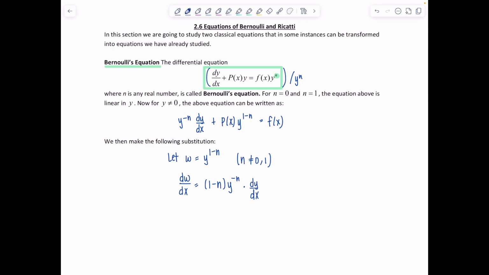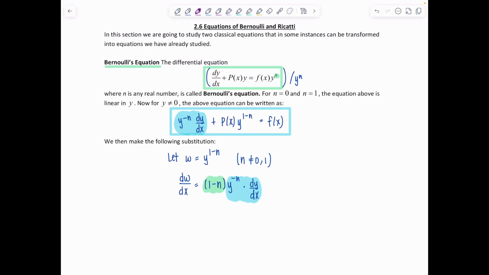Very good. Now my goal is to make this equation become linear in w. So I'm looking at the first term. That's all you really need to focus on right here. I have y to the negative n dy/dx. That's almost matching dw/dx. I just need to add in 1 minus n.